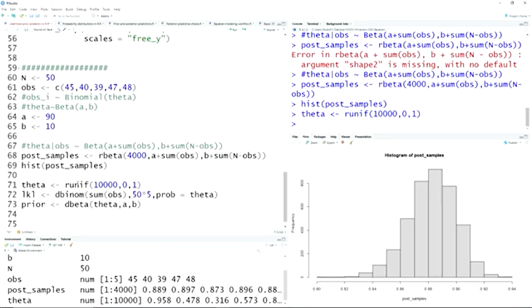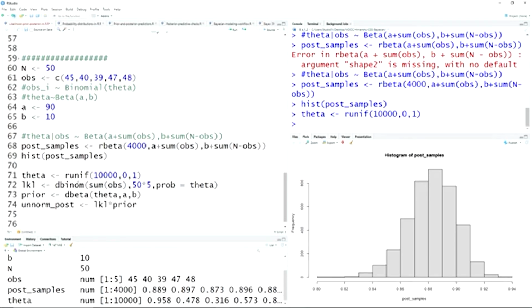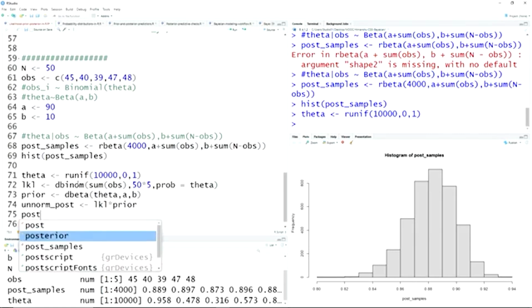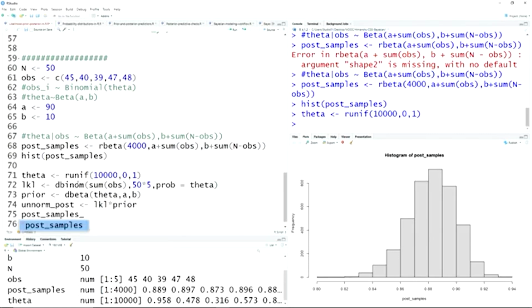So now you can calculate the unnormalized posterior, which would be likelihood into prior, and then you can draw posterior samples based on grid approximation from your theta vector using the sample function. How many samples do you want?